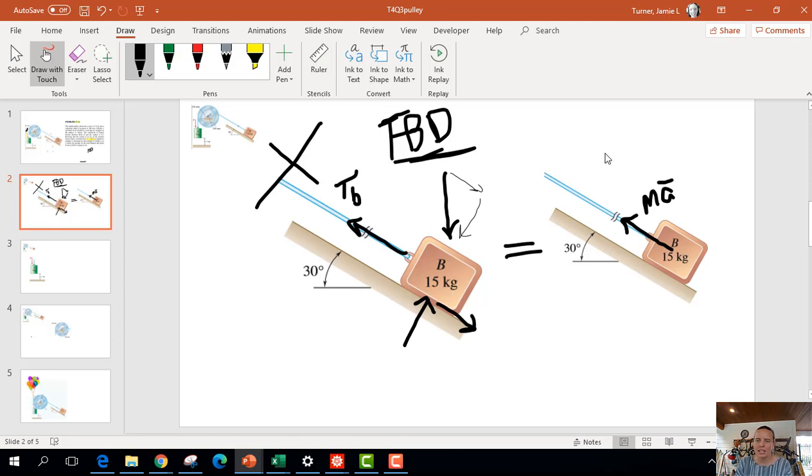It's not rotating, so we can make one equation for block B that looks at the forces adding together to the motion. So we're especially interested in these pieces of the force that are in the same direction of the motion. So again, it's not equal and opposite. It adds to acceleration. Acceleration is what happens when the forces don't balance.